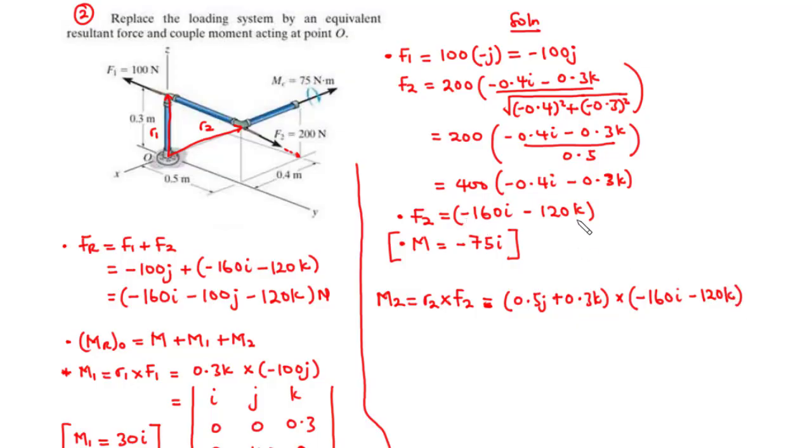So that is F2. So let's simplify this. We are going to have i, j, k, and then 0, 0.5, 0.3, and then negative 160, 0, negative 120.